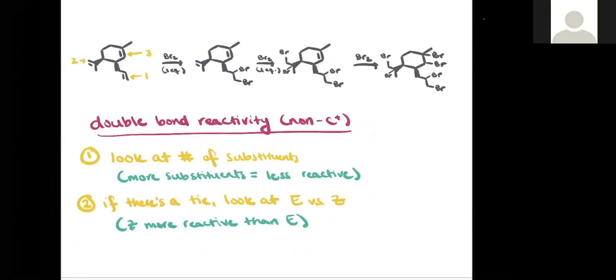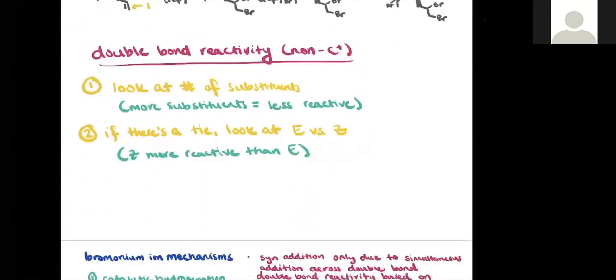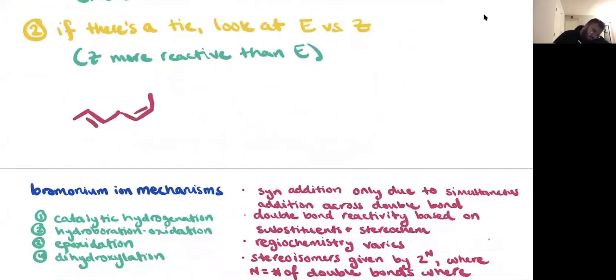Could you give a quick example of E versus Z? E versus Z stereochem? Yeah. So let's say I had a compound like this.